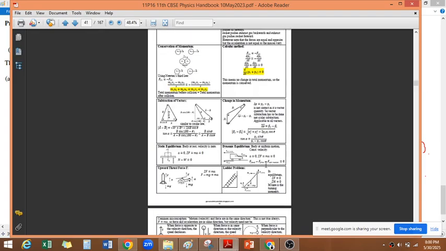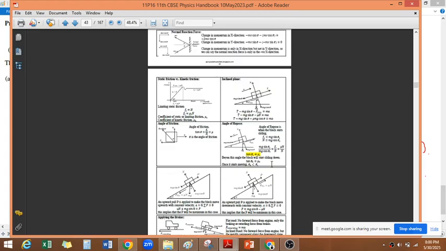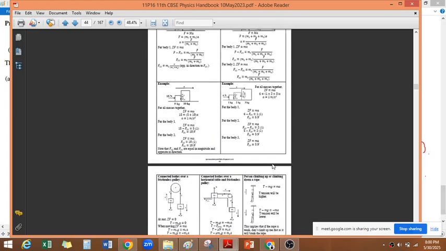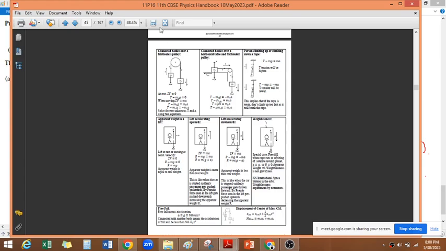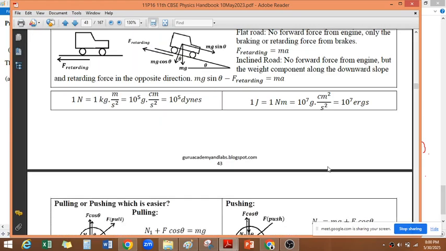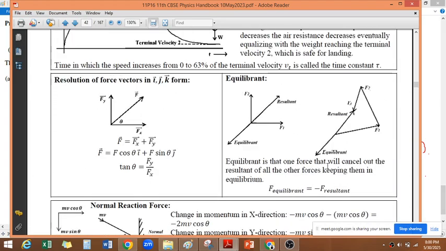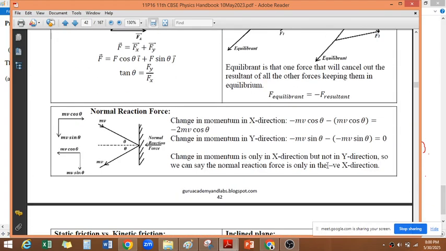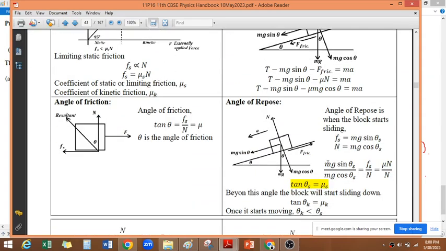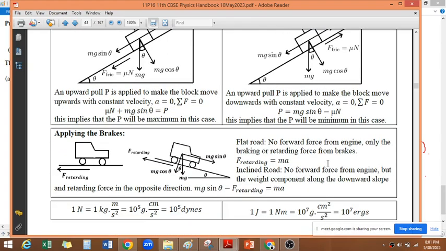Compared to your textbook, I'm sure it will be much more concise and very quick to refer. Very important concepts are documented here. It's your responsibility to study it properly and bring the doubts. If you have any doubts, we can discuss that.